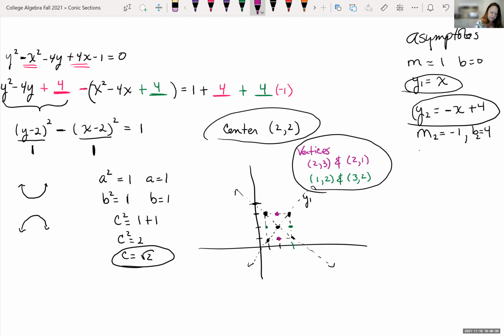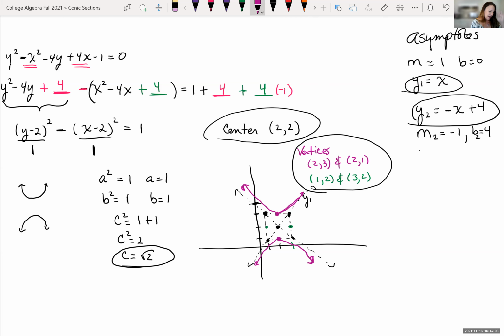Okay, so graphing it, you get something that looks like this. And so notice that we have 2 x-intercepts and 1 y-intercept.